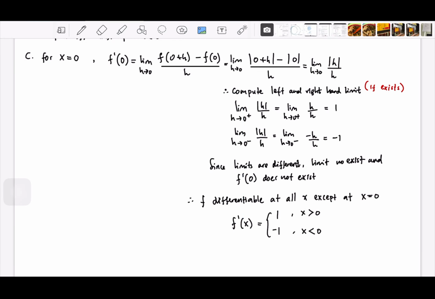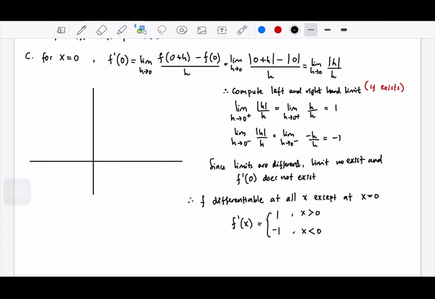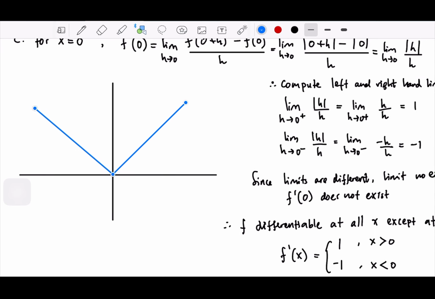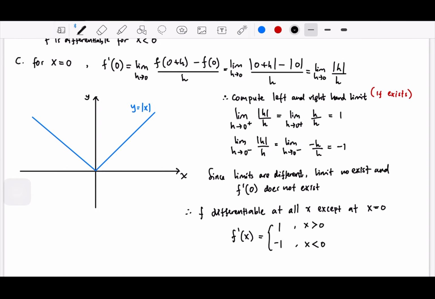Maybe later, maybe the next page. Maybe just drawing the absolute value of x. Okay, at least it seems this is the absolute value of x.